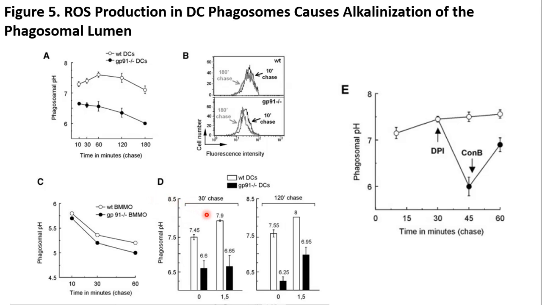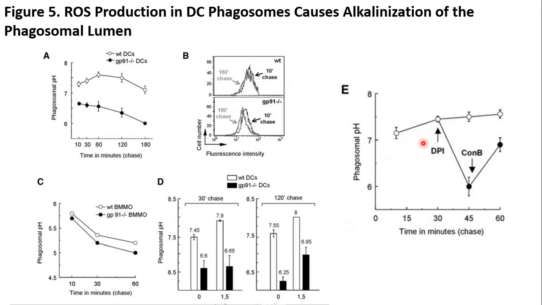And they did a blockade of the V-ATPases with the inhibitor ConB, and the marked alkalinization was observed in phagosomes from wild-type and not observed in the defective DCs, showing that NOX2 mediates phagosome alkalinization. So here you can see the pH going to really alkaline, and defective DCs are not as good at alkalinizing.